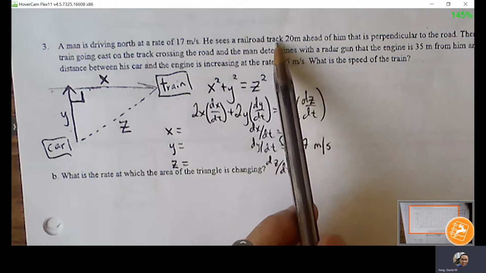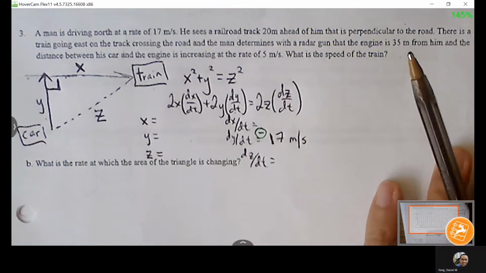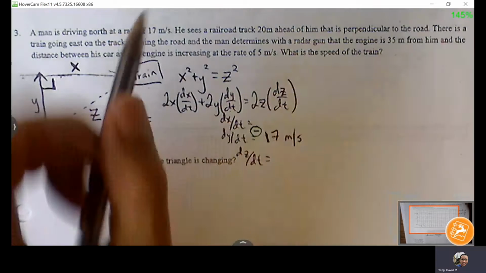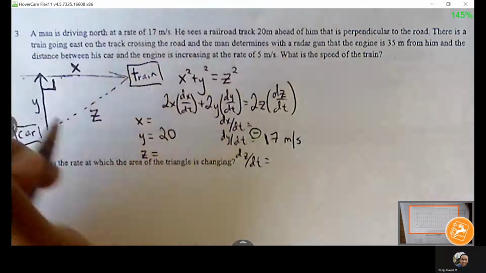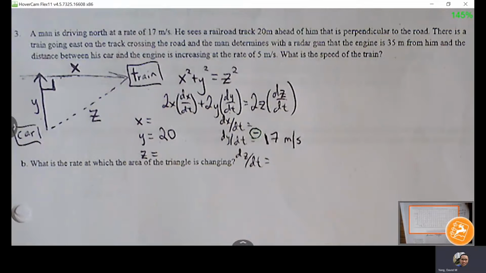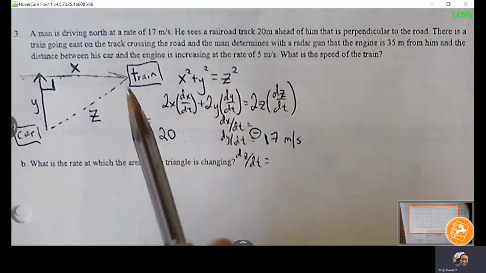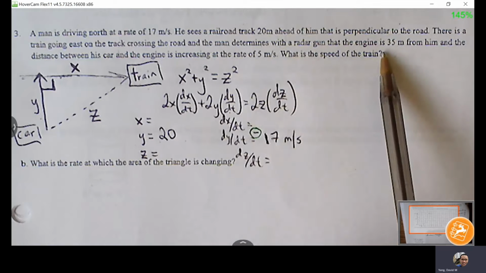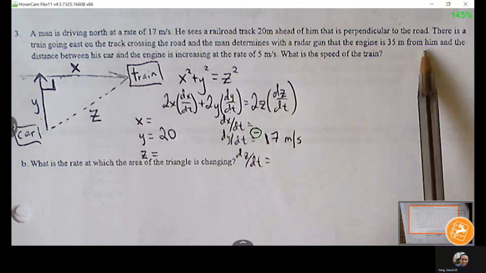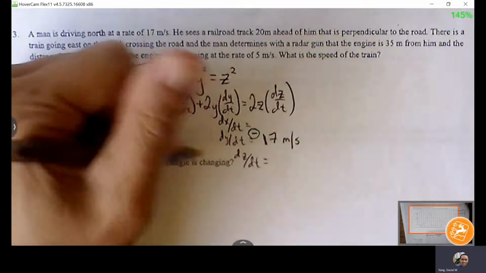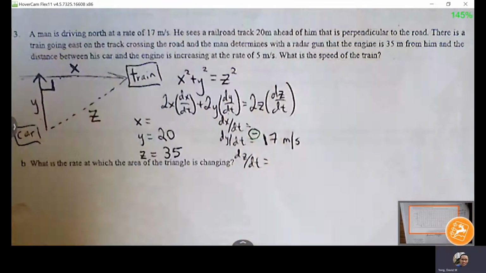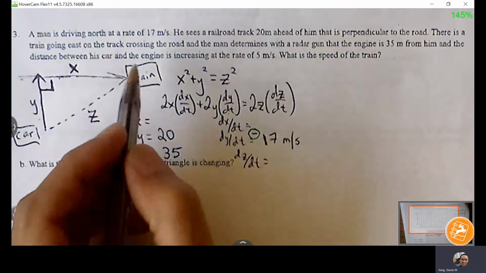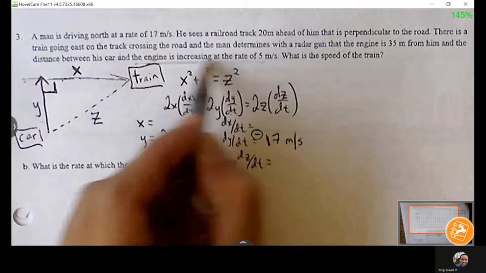He sees a railroad track 20 meters ahead of him. The train is going east. The man determines with a radar gun that the engine is 35 meters away from him, and the distance between the car and the engine is increasing at a rate of 5 meters per second.